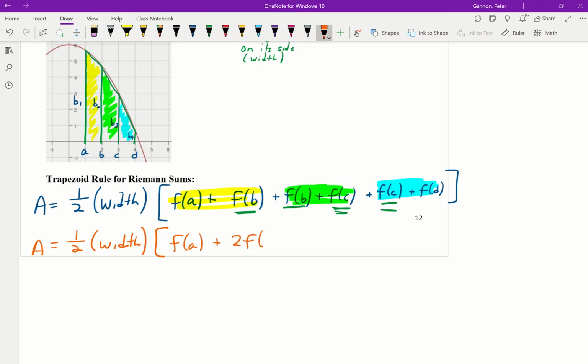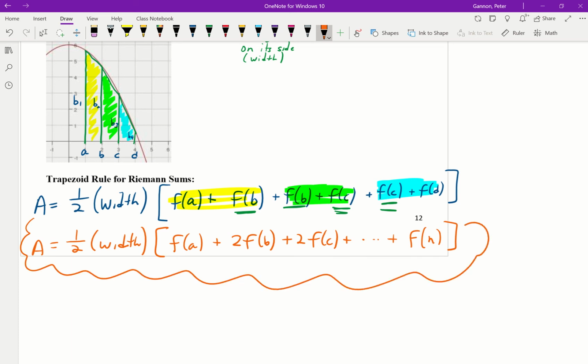So it's 2 times f of b plus 2 times f of c. And that's going to continue until you get to the final trapezoid, and that endpoint value is only going to be used one time. So this is what we look for in terms of a formula for a trapezoidal Riemann sum.